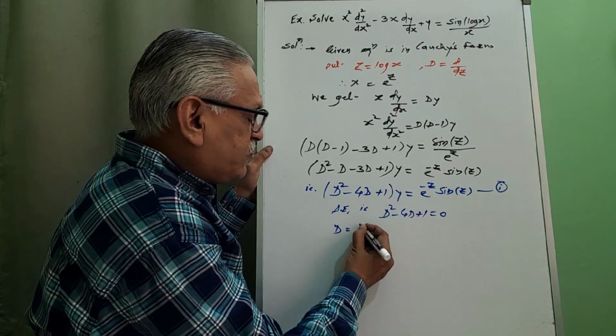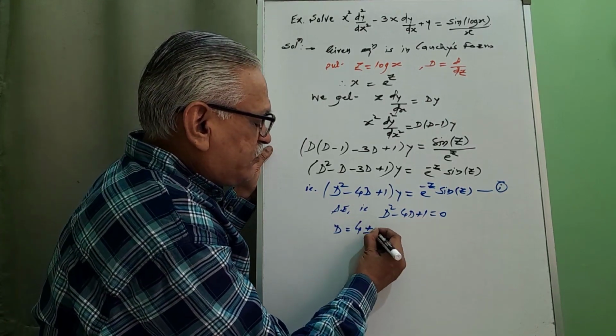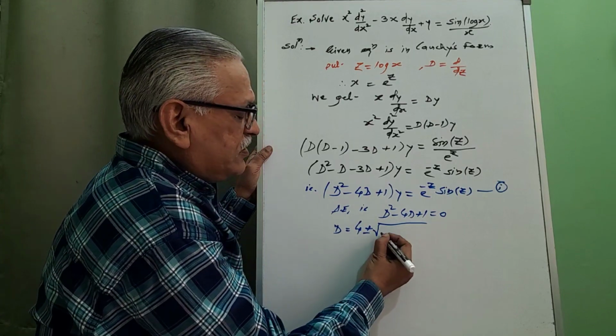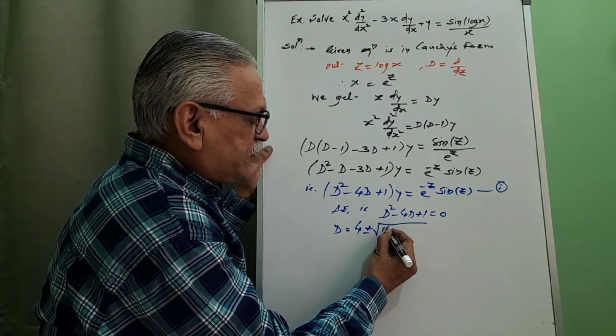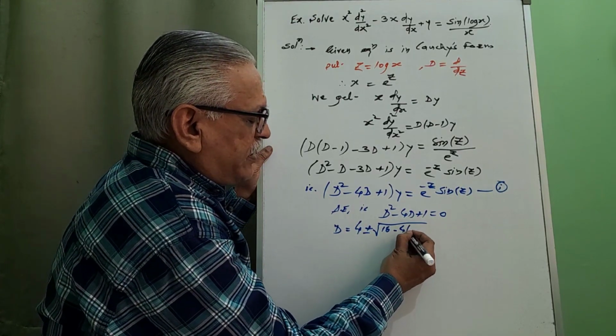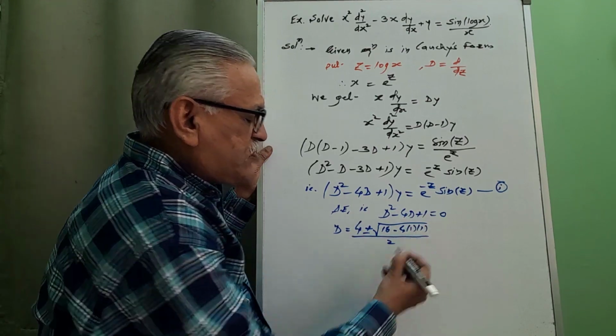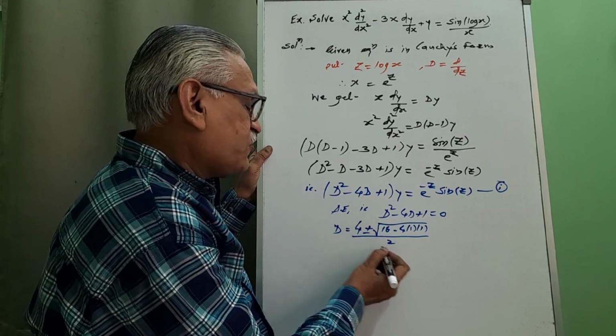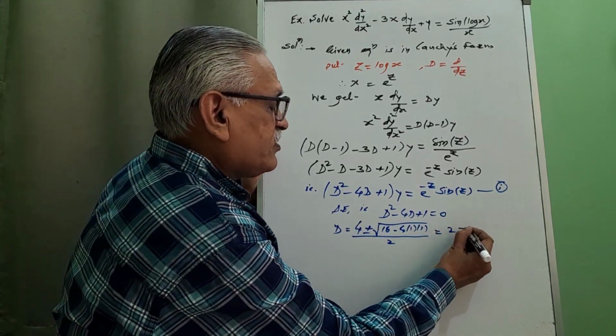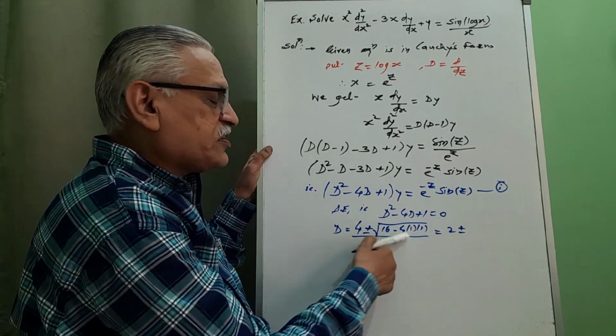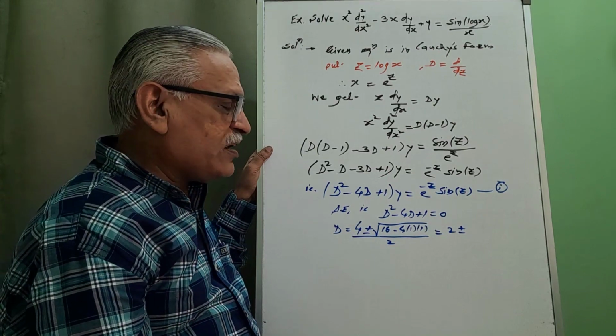Therefore minus of minus 4 gives plus 4, plus minus root of b square minus 4ac, that is 16 minus 4 times 1 times 1, divided by 2a, which is 2. This is 4 by 2, that is 2, plus minus root of 16 minus 4, that is 12.